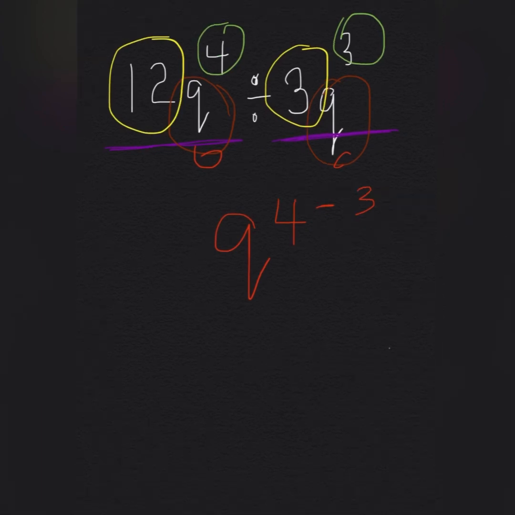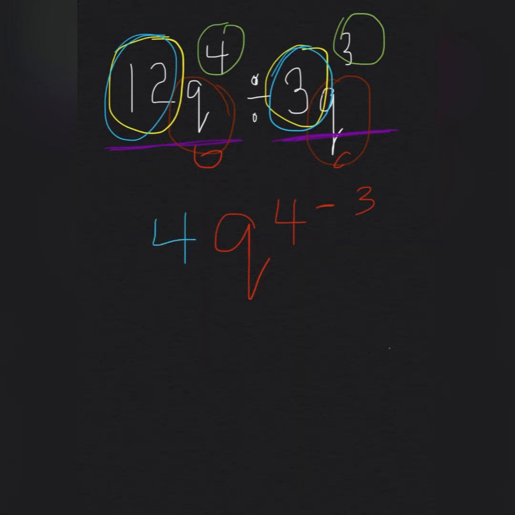But we can never forget about our coefficients because they're part of the question. Remember, we identified our coefficients earlier to be 12 and 3. And the question says we're going to divide. So it's going to be 12 divided by 3. How many times can we get 3 out of 12? Yes, 4 times.